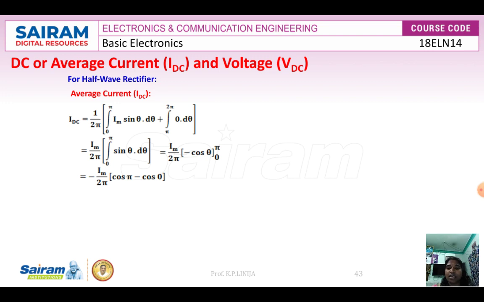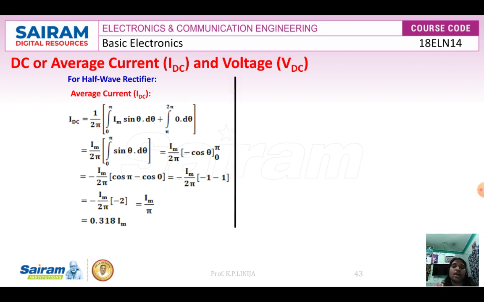The integral of sin theta is minus cos theta, varying from 0 to pi, calculated by applying upper limit minus lower limit. The IDC value, that is the average or DC current for the half wave rectifier, is equal to Im divided by pi. If you put the pi value, you will get 0.318 into Im.